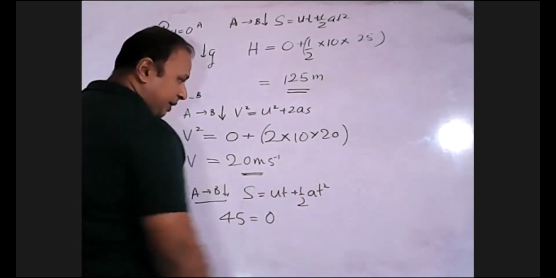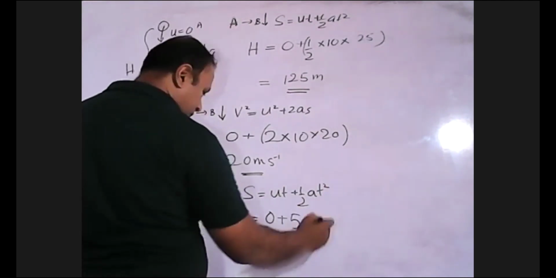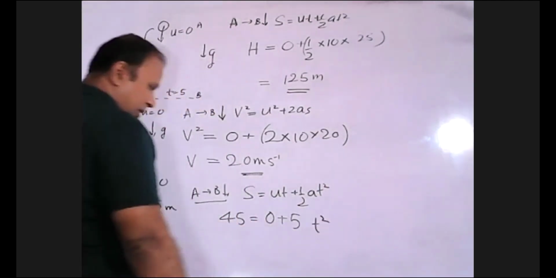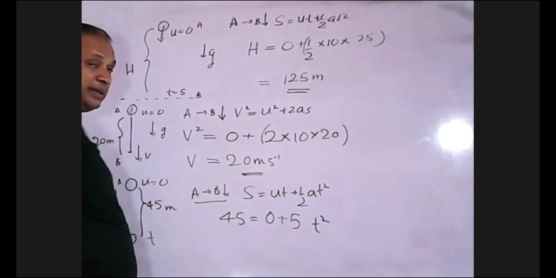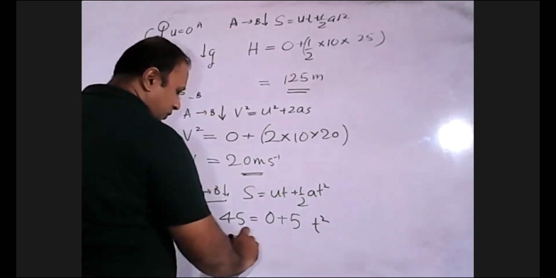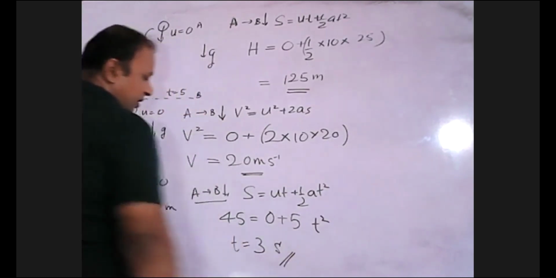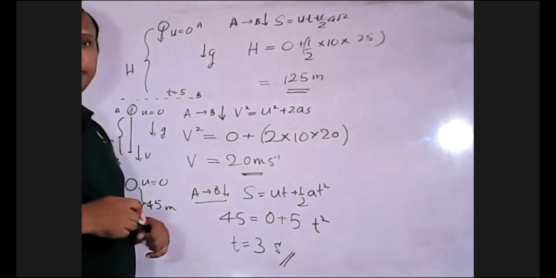Therefore, it is positive. So plus 5 t square. This one will be cancelled out. It is 9. So t is equal 3 seconds.